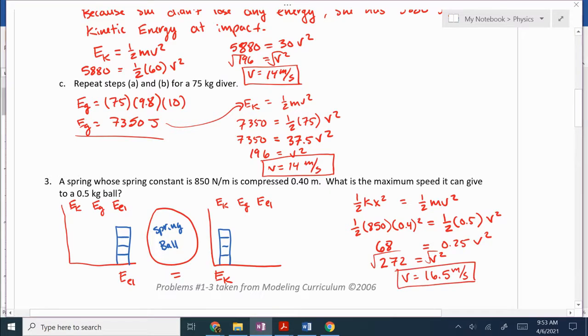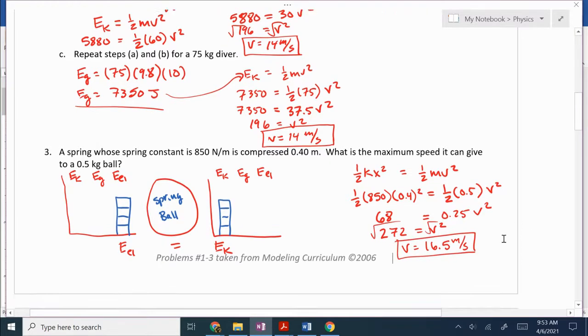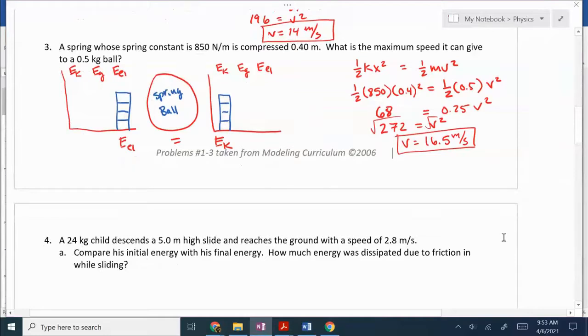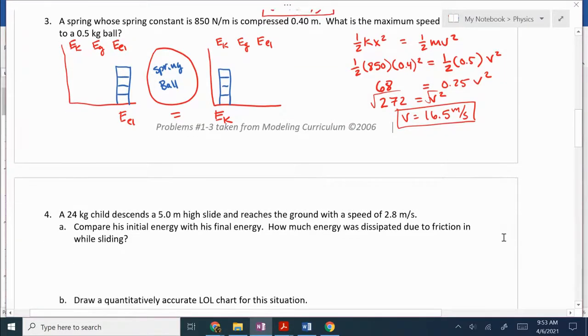All right, there you go. 16.5 is what you should get.